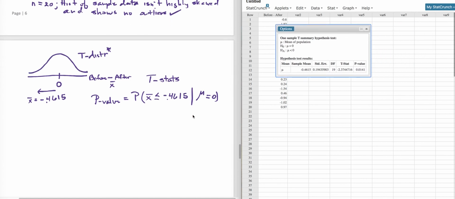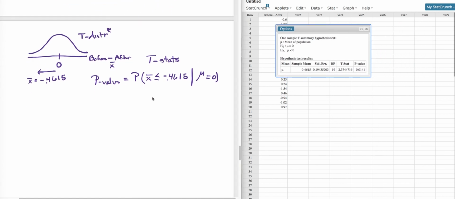So here is our p-value and our test statistic. This p-value is coming out 0.014. So under the condition that there is no difference in reaction times, we have gotten sample results that would occur about 1.4% of the time.